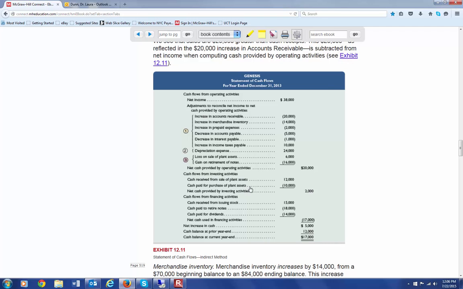And we've already shown how we do this. This doesn't change. So once you come out with the $20,000 here, your cash flow from investing activities ends up being $2,000. Net cash used in financing activities, $17,000 negative. So the net increase in cash was $5,000, as we already determined before. Add that to the cash balance at the end of last year, $12,000, so we get our new cash balance of $17,000.